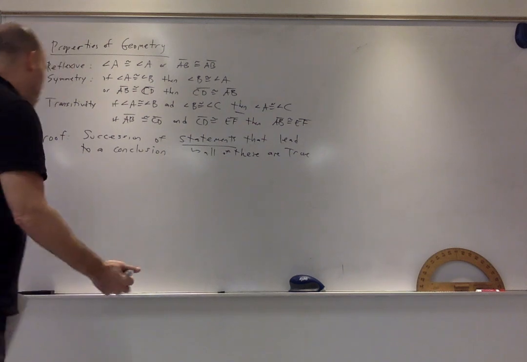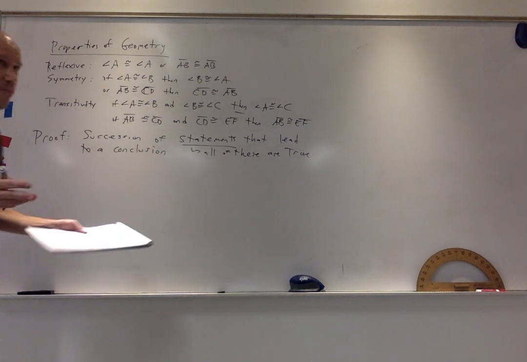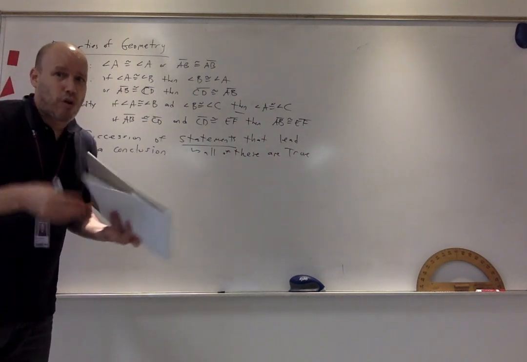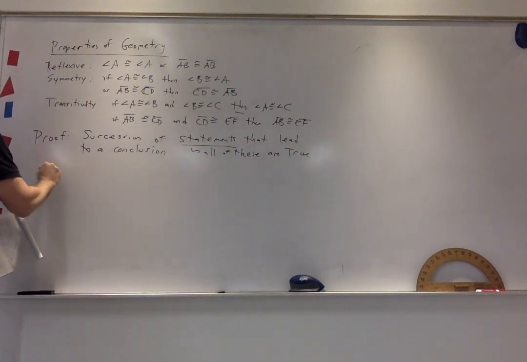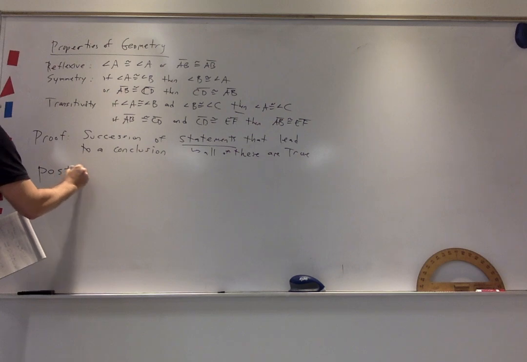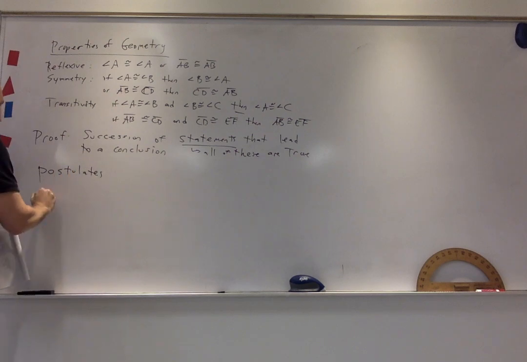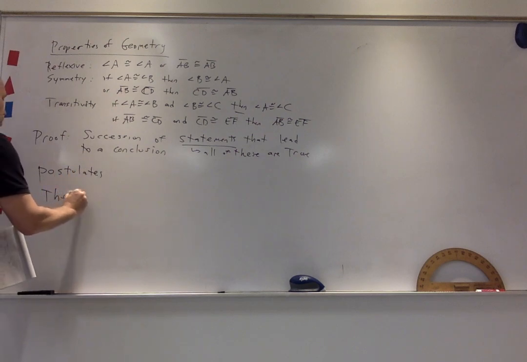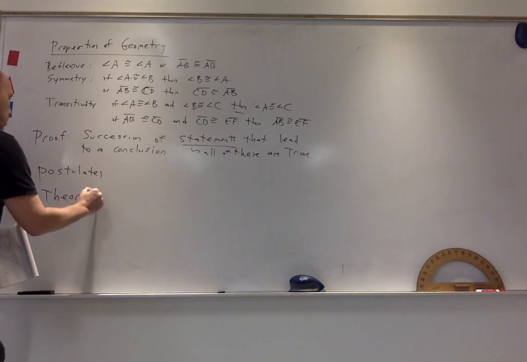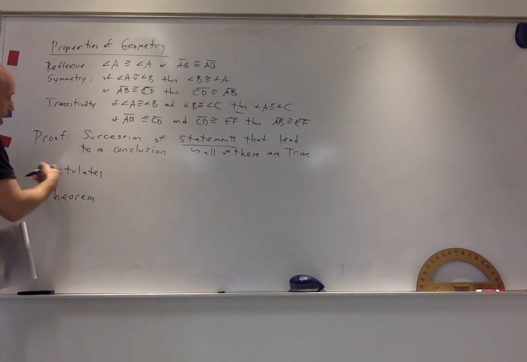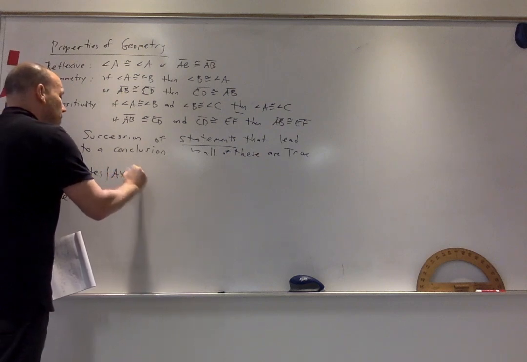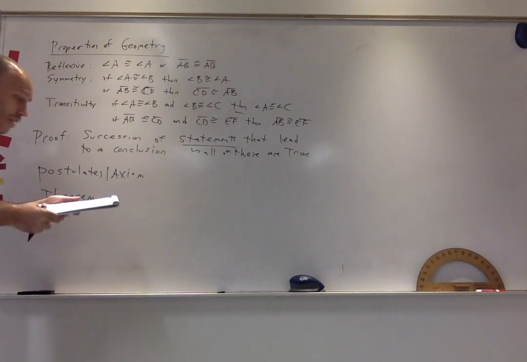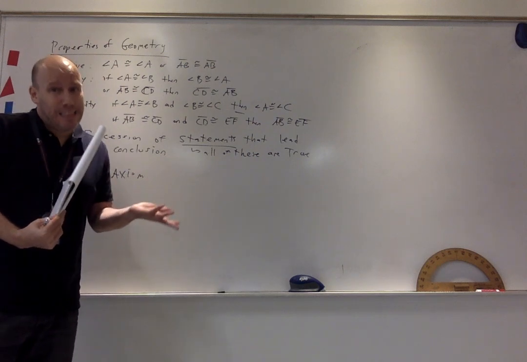Two things. We're going to construct our proofs, all of math, based on postulates and theorems. Now, another name for postulate is axiom. And an axiom or a postulate is basically a statement that's accepted as true.